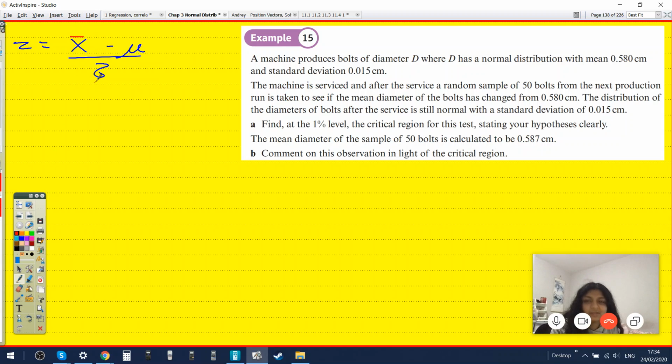Find the critical region. That's what it says. So the sample mean is... It doesn't tell you what... Oh, you're meant to find the sample mean in this question, I think. Great. It doesn't tell you what it is. So how do we do it? So Z is equal to sample mean minus 0.58 over 0.015 over root 50.